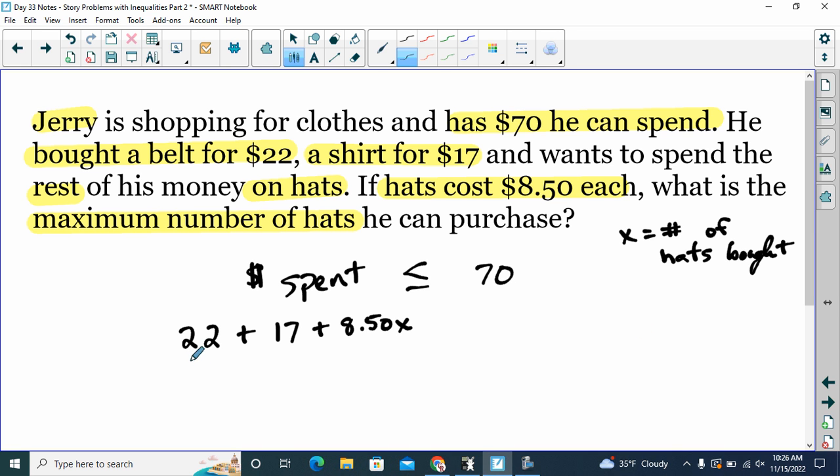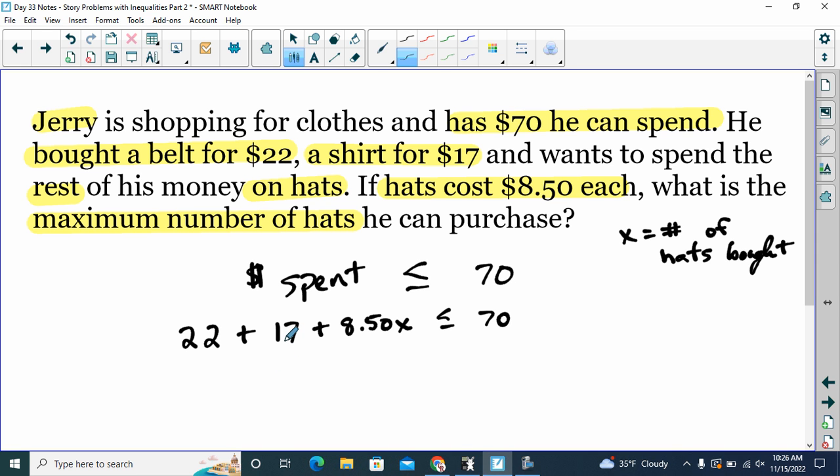So he spent $22 once, $17 once, and $8.50 per hat. So $8.50X, where X is the number of hats that he buys. There's our inequality. Now we solve it.